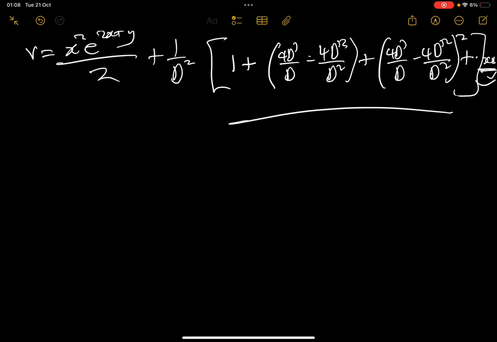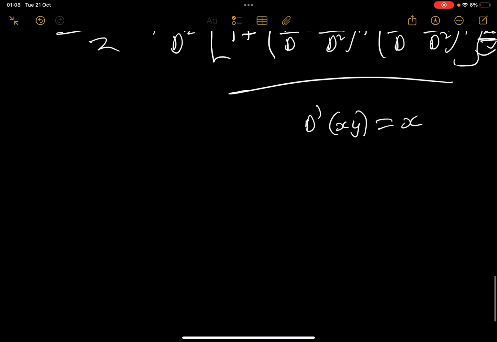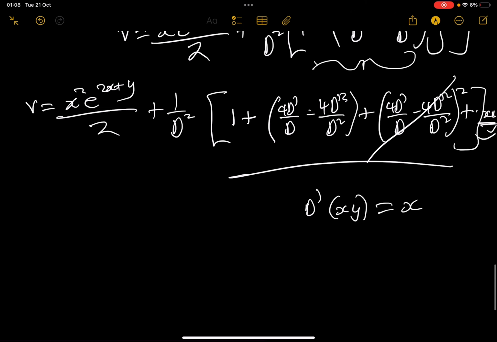So we are going to take the terms with D prime only, because if you evaluate D prime of xy, this is going to be x, right? So from here, this entire term will give us 0, and also this term will give us 0.